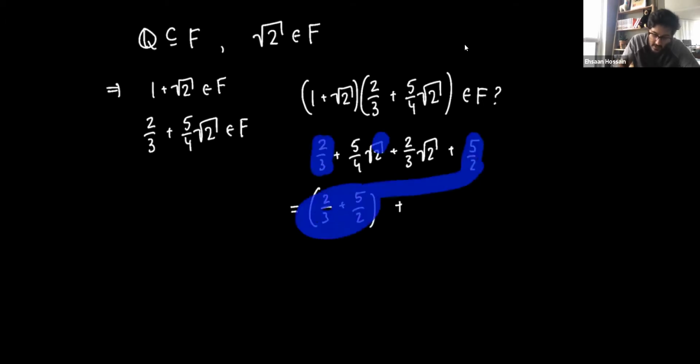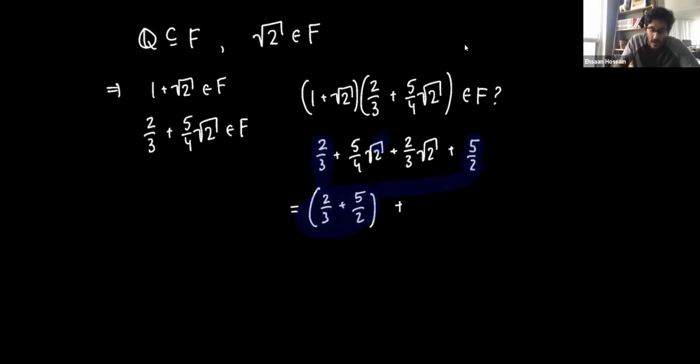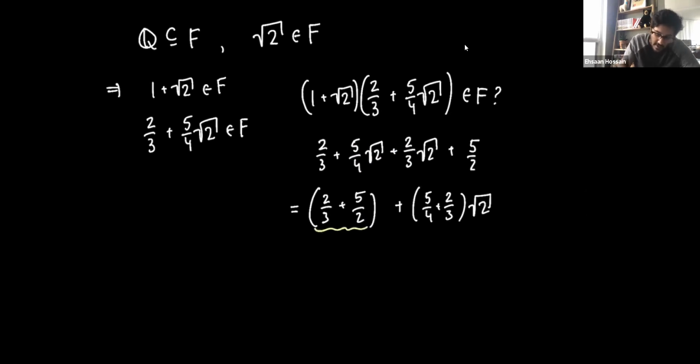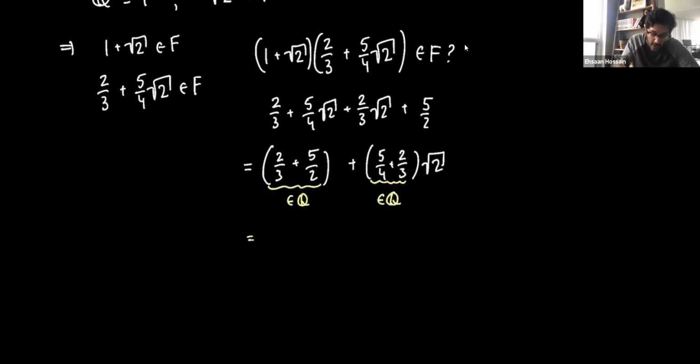And for the second term, I can collect these 5/4 and 2/3. So I can write this as 5/4 plus 2/3 times root 2. I can factor out the root 2. This is some rational number because it's the sum of two rational numbers. This is some rational number. So this is equal to A plus B times root 2, where A and B are rational numbers.